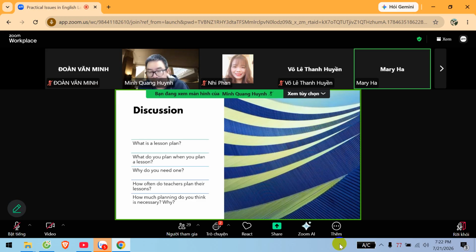What I want to teach the students over the long term, the objectives, what activities we want to have during the year, and every month, when we want to have the assessment for students. That is the long-term plan.